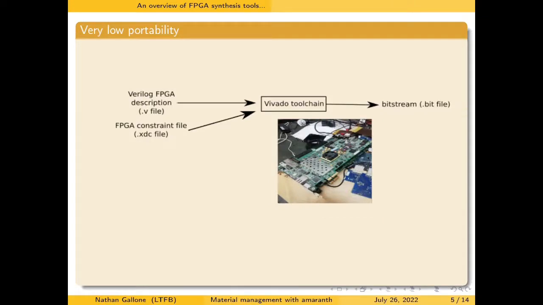This low portability can be seen through this quite simplistic diagram. For Xilinx platforms, such as the ZC706, the board logic description should be written in Verilog, and the toolchain we use is Vivado. This toolchain also needs a .xdc file, which will tell the software about the characteristics of your board. As output, you get a .bit file, which is something you directly flash onto your board, and then you're ready to go.